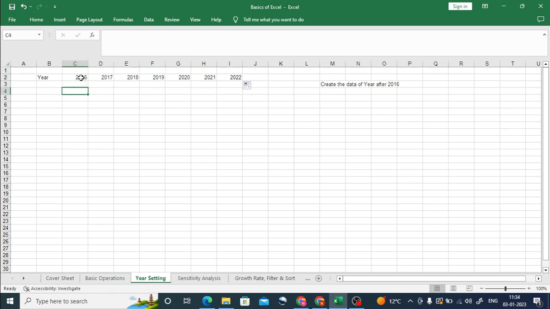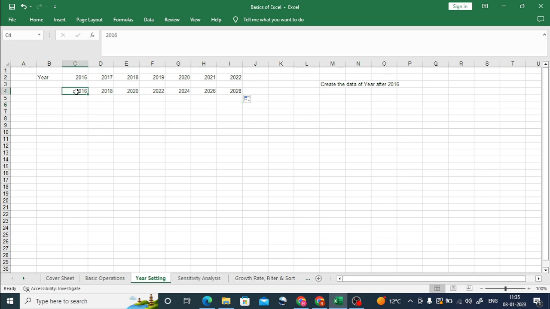Let's suppose that if we have 2016 and 2018, so now we have to take this forward, right? So again you go to the bottom of D4, you see the plus sign, and now you will see that the years are increasing by 2, right?